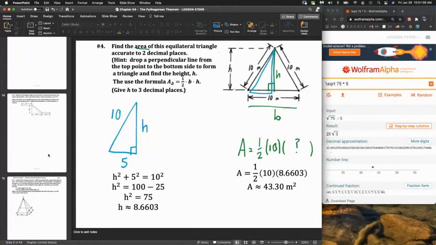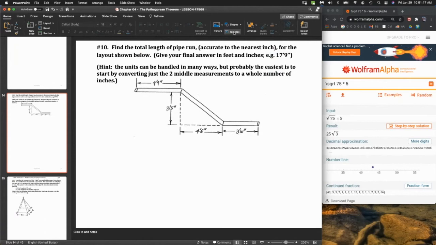I want to do a question now, and I know I'm not jumping around too much, but I want to do the next question for sure because I promised you this question on the test, okay?